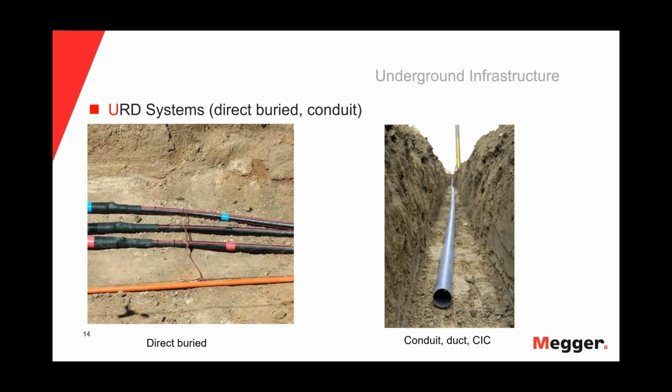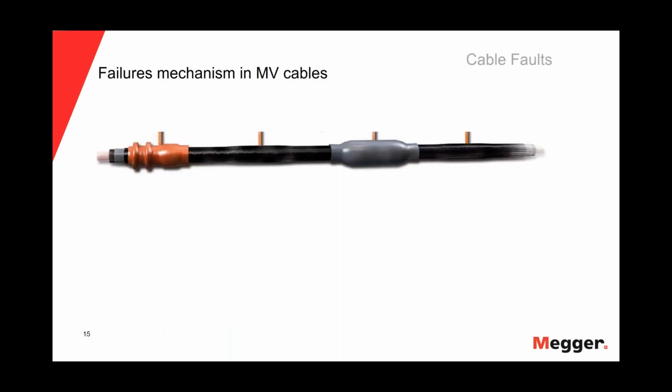Okay, so if we move on to some cable fault types, the failure mechanisms in medium voltage cable. We use this slide a lot when we talk about test and diagnostics on how you can examine a cable, but it also applies to how cables can fail. And so we can start with termination, a pothead, and elbow.